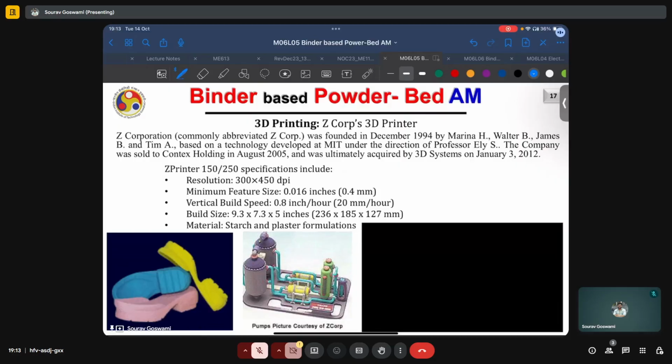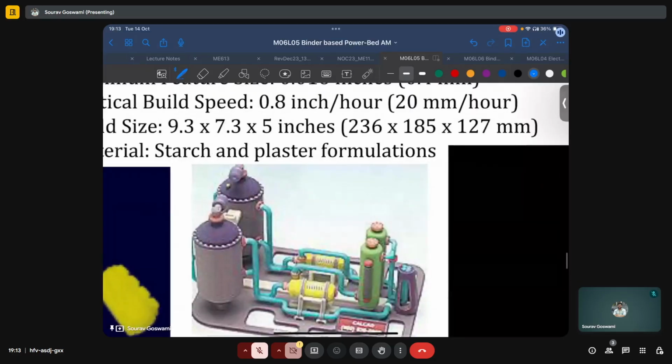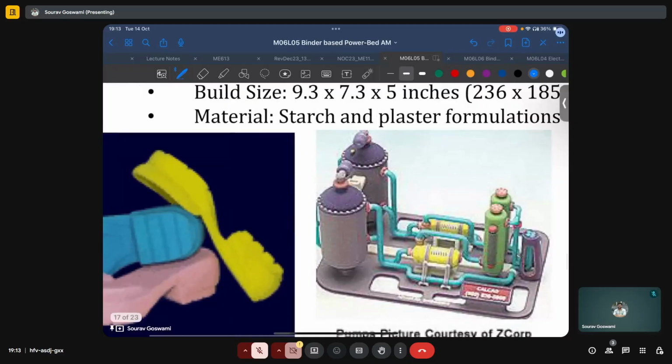The vertical build speed was 20 mm per hour, so very low. The build size was only 236 mm by 185 mm by 127 mm. And the typical materials which could be processed using this technology were starch and plaster formulation. And we can see a few colorful parts which have been printed using this technology.